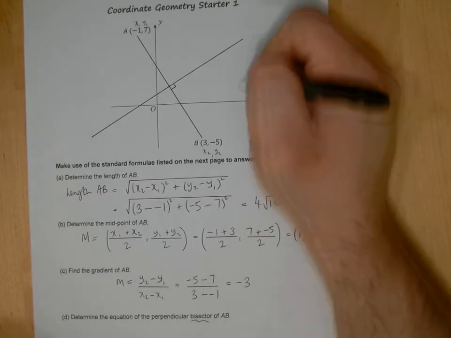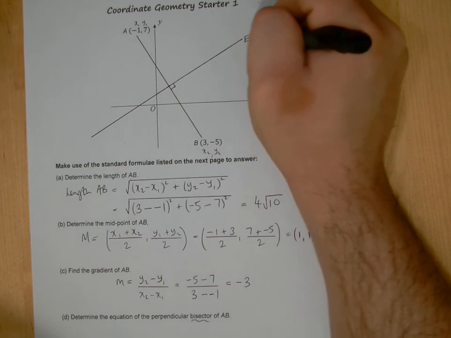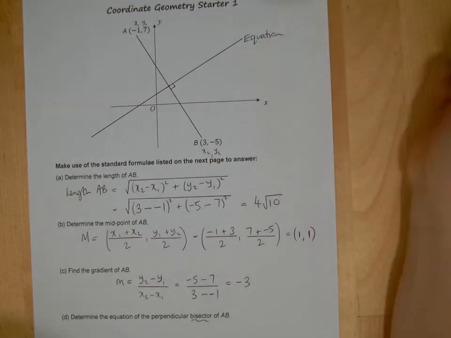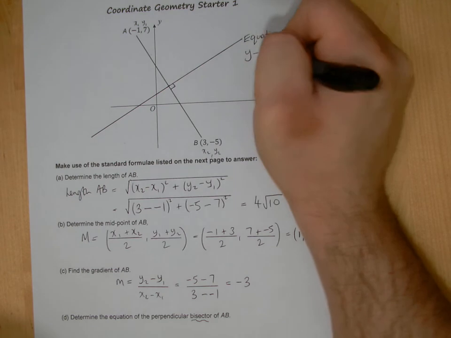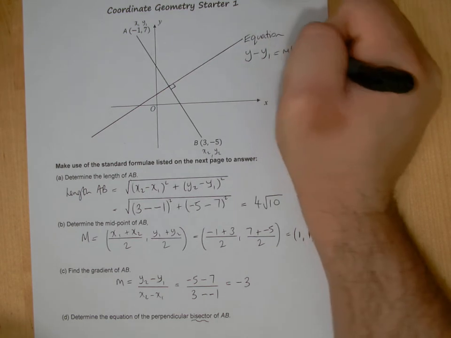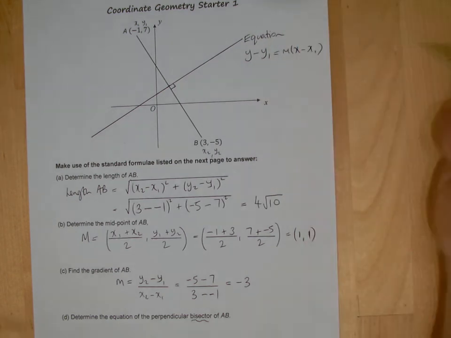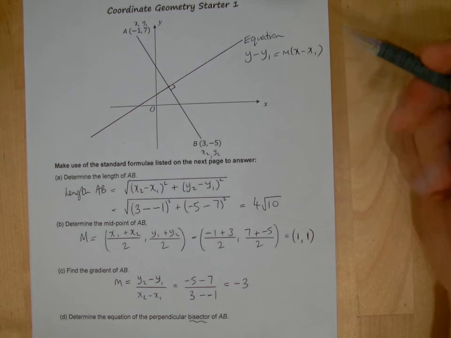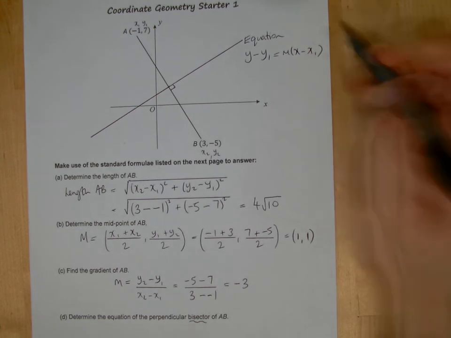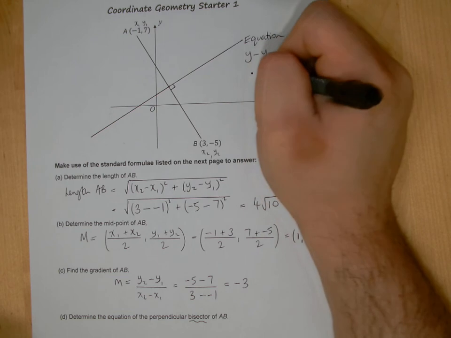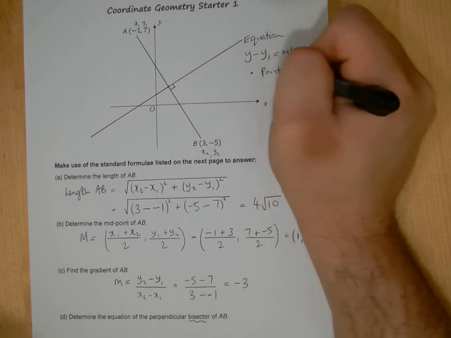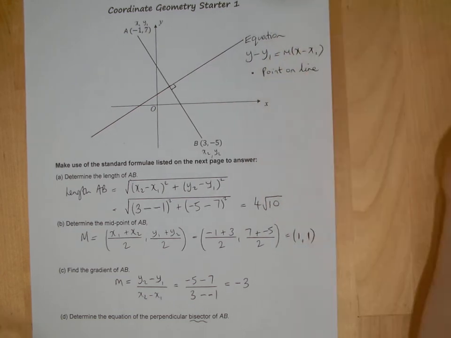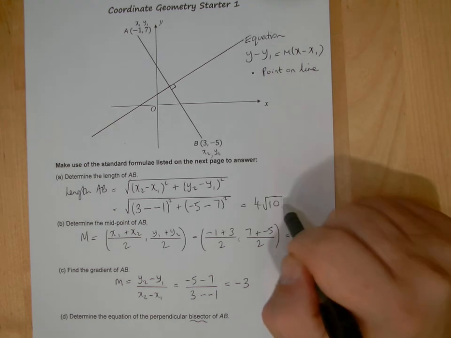So that's what they want. They want the equation. So remember the equation formula? Do you remember the formula was y minus y1 equals m(x minus x1)? And for you to get an equation, you need two things. You need a point on the line, for your x1, y1.